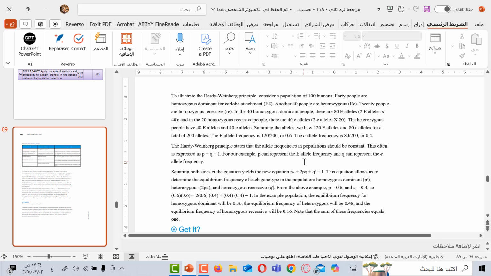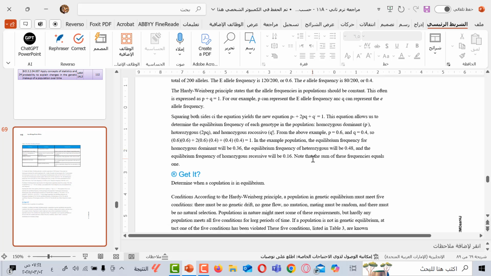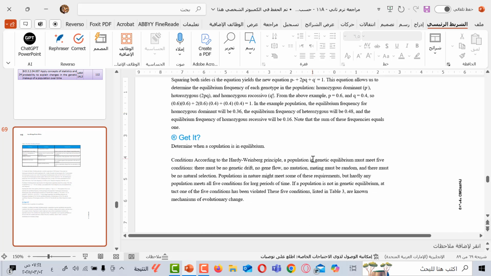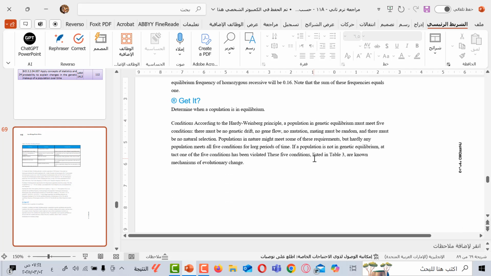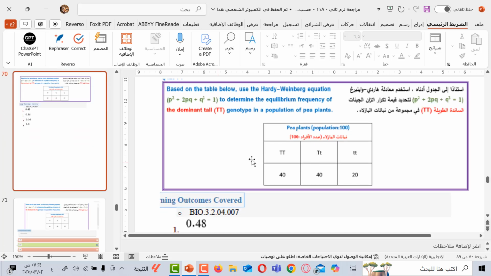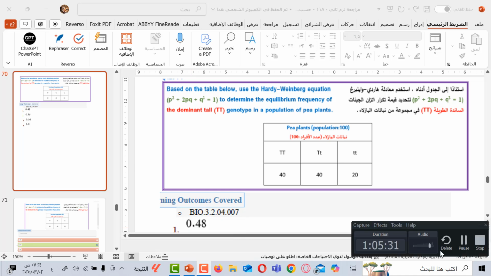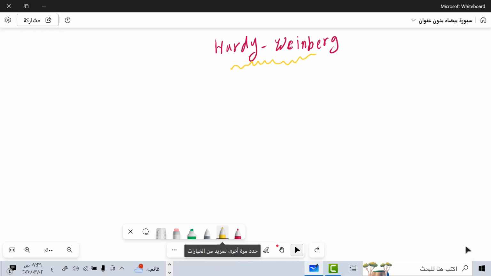Hardy-Weinberg has two formulas. Let us see the equations, but before this we're going to the whiteboard to know what the Hardy-Weinberg principle is.